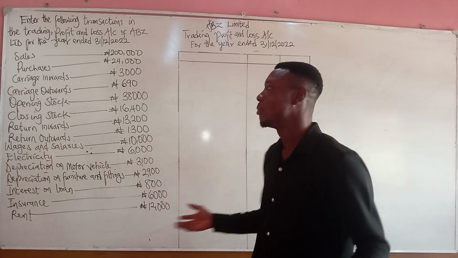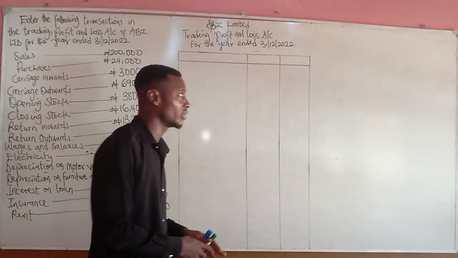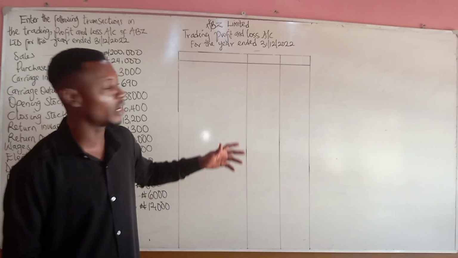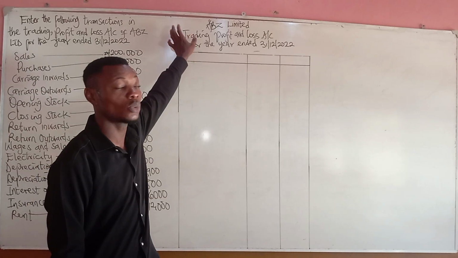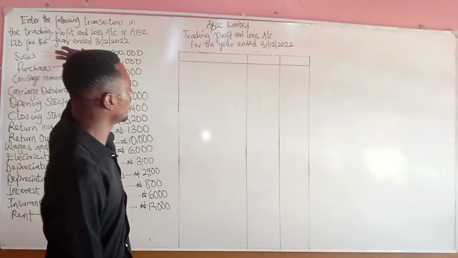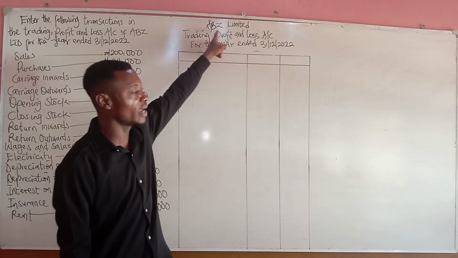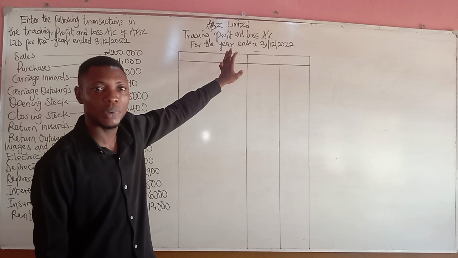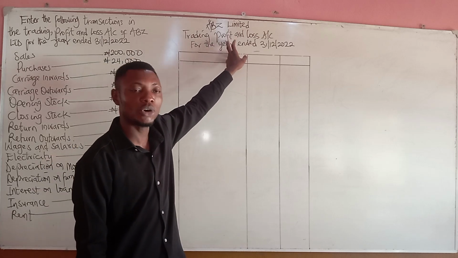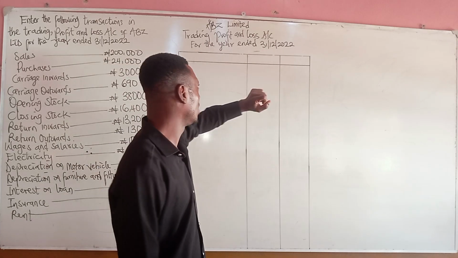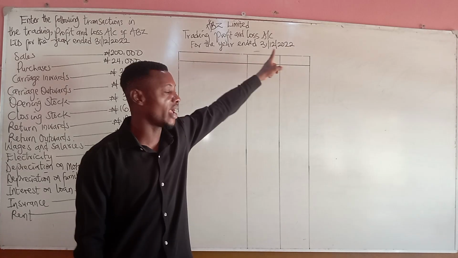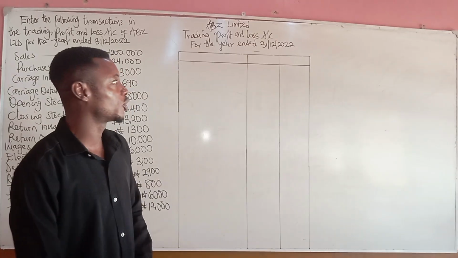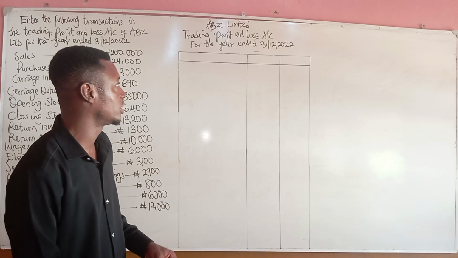In terms of preparing the trading profit and loss account, it is very pertinent and very important that we start with our heading. The heading of the organization is ABZ Limited, and the account we are preparing is the trading profit and loss account, prepared for the year ended 31st/12/2022.